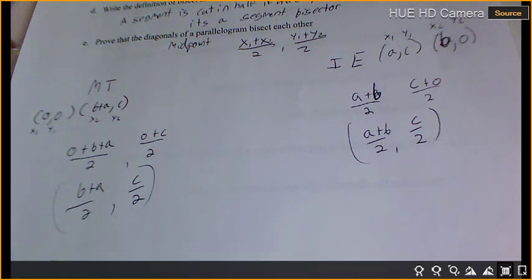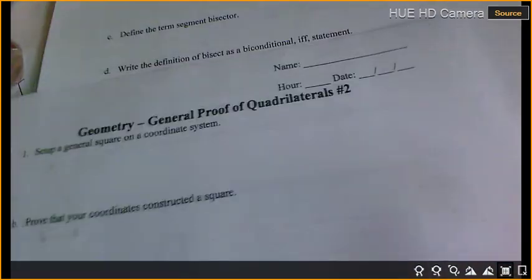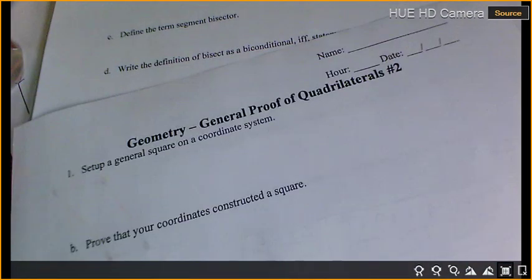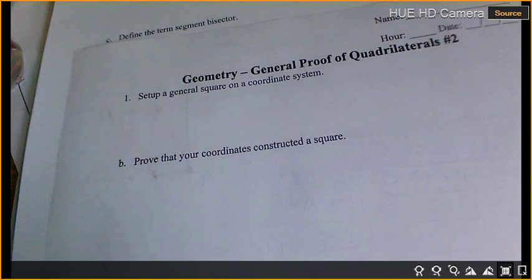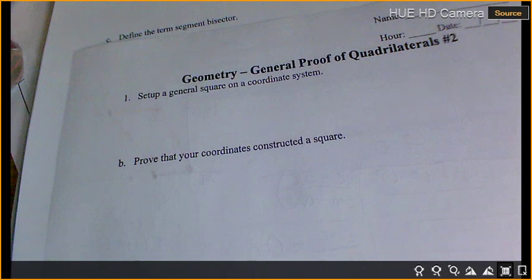Let's turn the page over and I'm going to help you set up your points for a general square, before I let you do it on your own. So I want you guys to write down these two formulas because it's going to help.